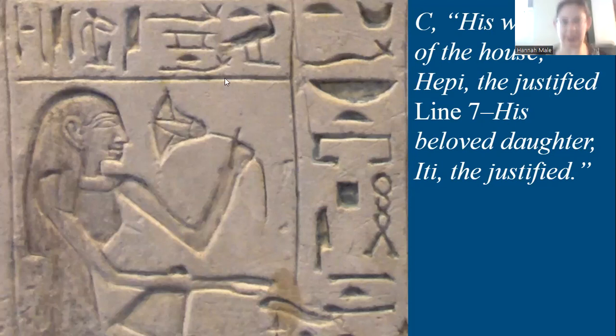But they basically say the pronoun his twice. So that's why you see these two F's. So technically, when you read the hieroglyphs, it's actually read as his or his daughter, his beloved, and then it gives her name, so Iti, and then the justified. So she's either living or has lived a good life.